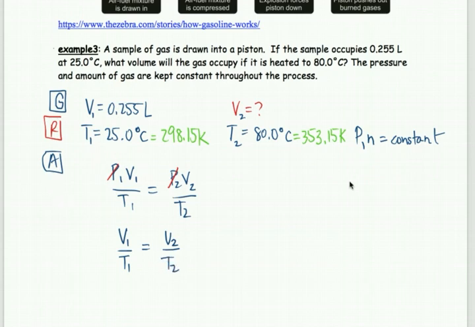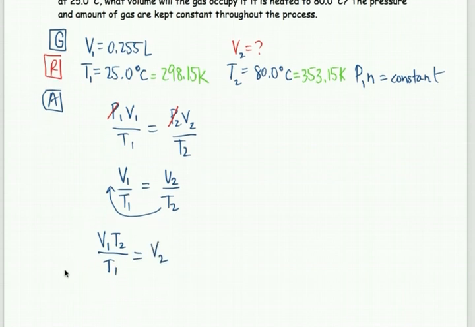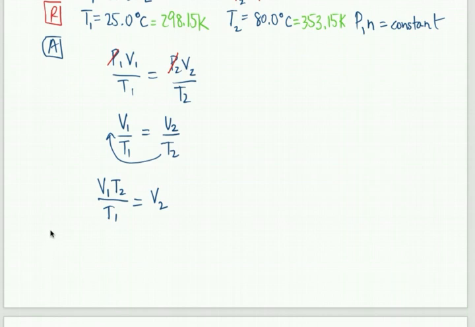You're going to run into problems like that, where something is constant, so you can just cancel it out of the combined gas law equation. Then that leaves this, so we're just going to rearrange it so that we have it solved for V2. Since it's divided, I'm going to multiply on this side and then divide it all by T1, and then I get my V2 equation, my final volume equation.